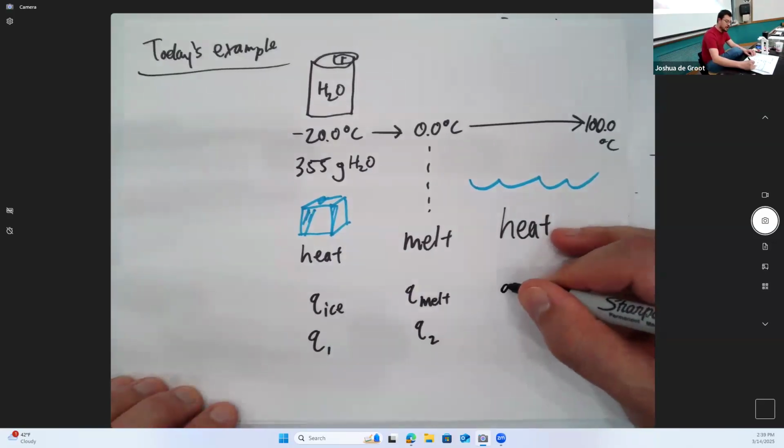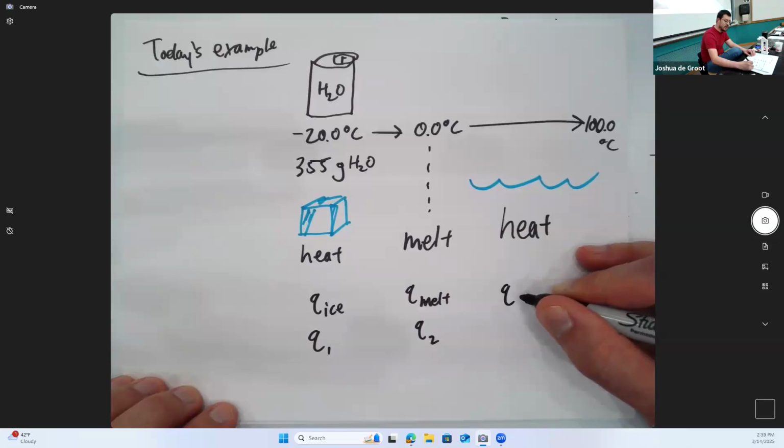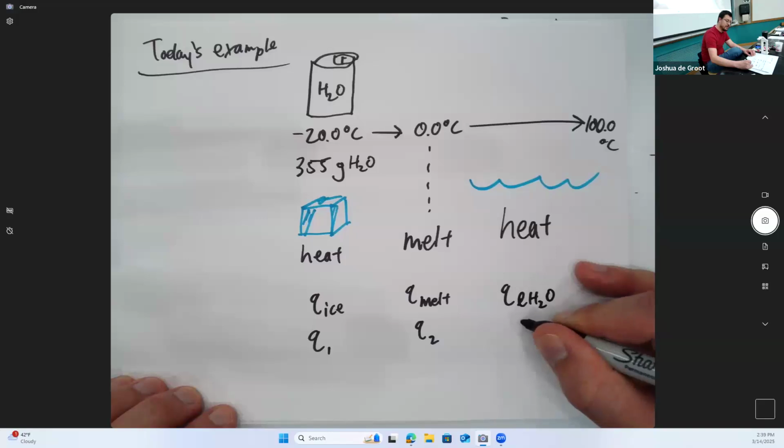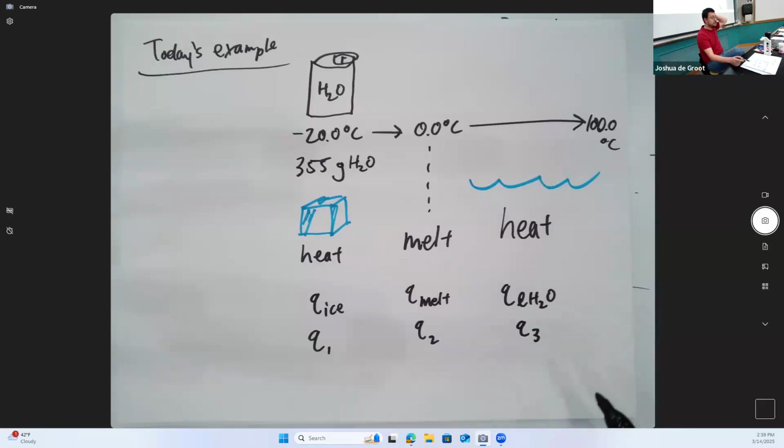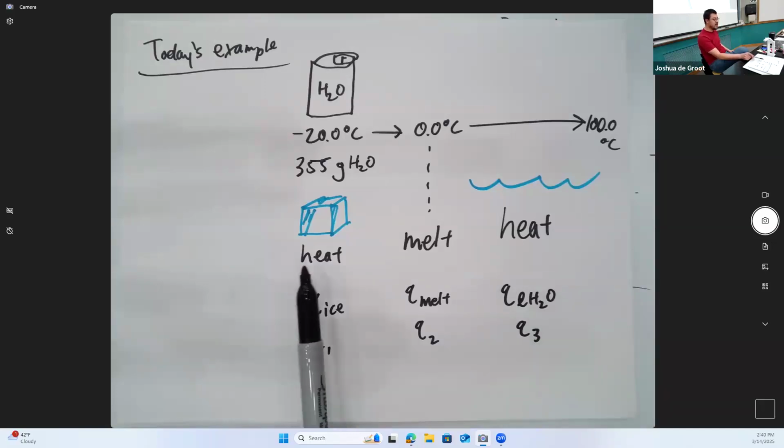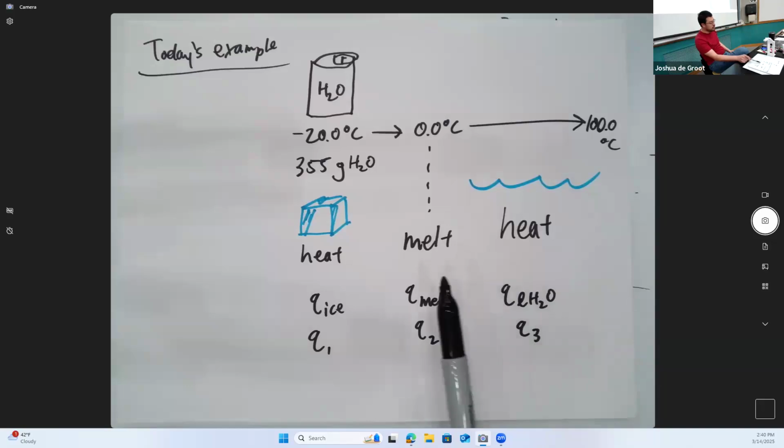And then we're going to calculate the amount of heat required to heat the liquid H2O, Q of liquid H2O, or maybe we'll call that Q3. So we're going to calculate all these Qs. And then to figure out the total energy required to take the ice from -20 through the melting point all the way through 100, you will just simply add up all of the Q values.